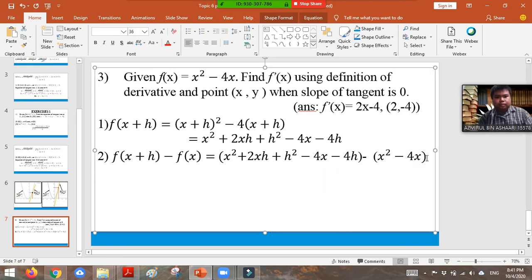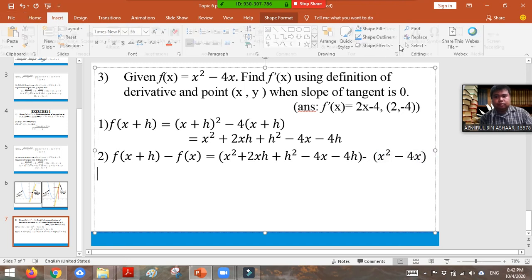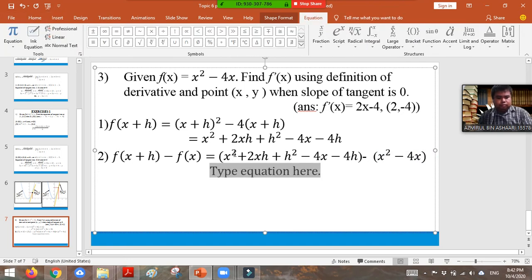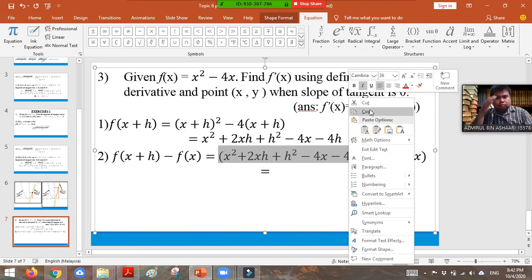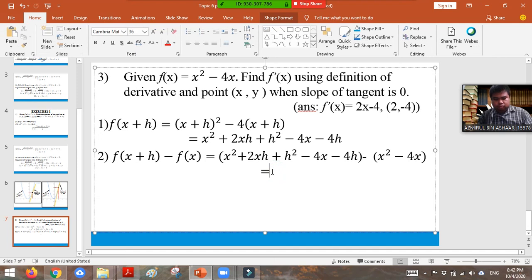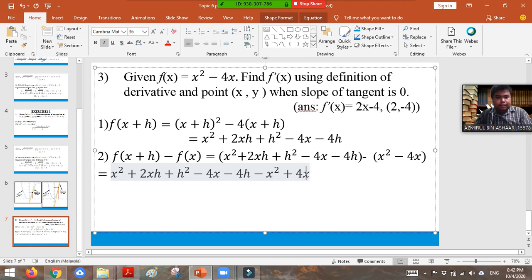Okay, then I open the bracket, minus negative x squared, positive becomes negative x squared, negative negative becomes positive 4x.